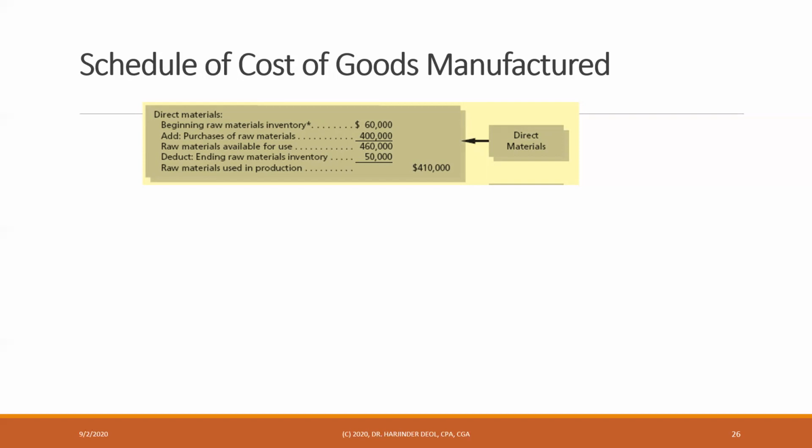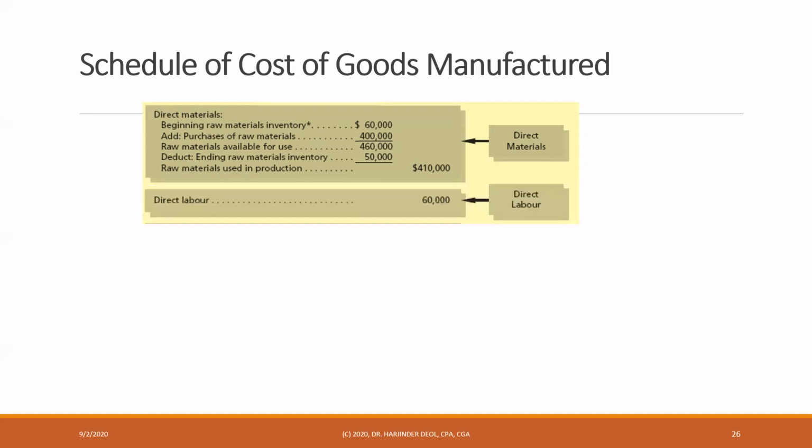Any ending raw materials inventory indicates that out of the total raw materials that were available for use, not all were actually used. You want to subtract the ending raw materials inventory from the raw materials available for use to get raw materials used in production. Next up, you'll have direct labor, and that should be a fairly straightforward process.